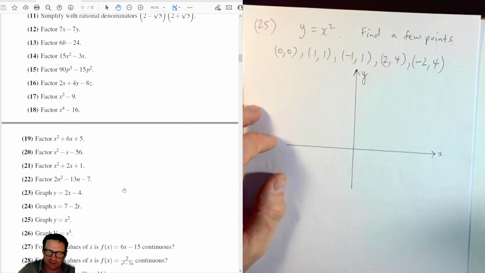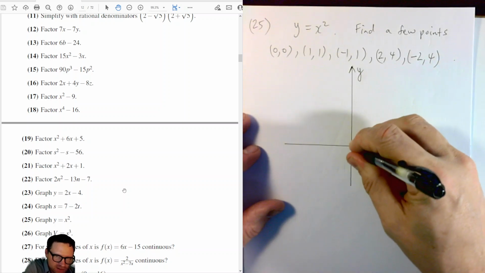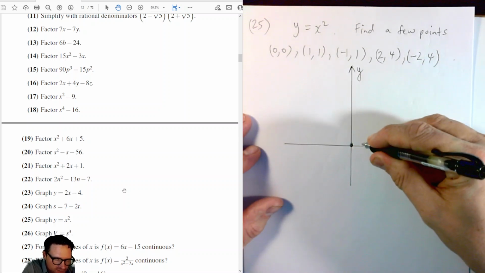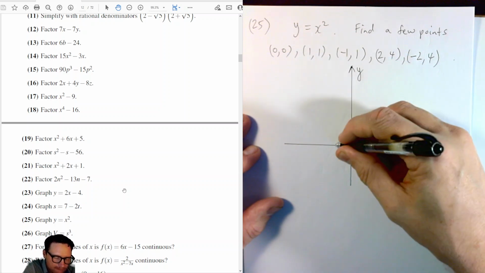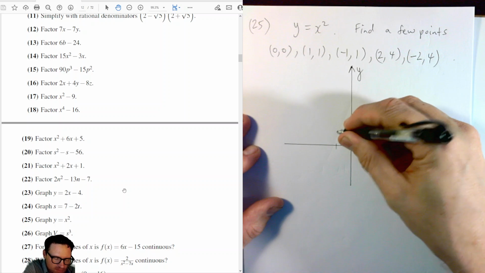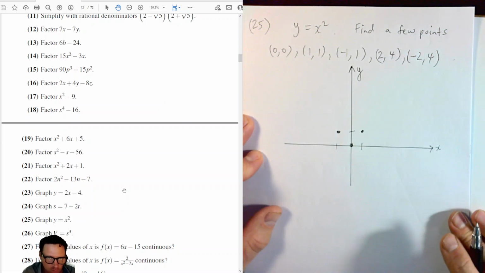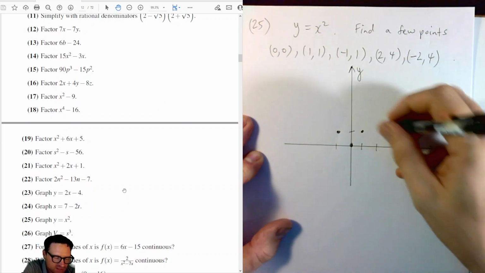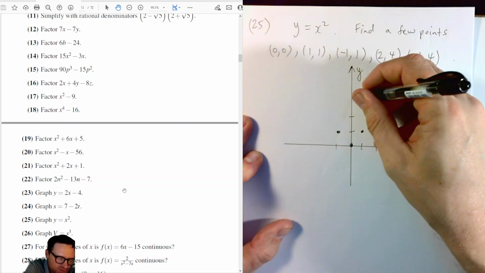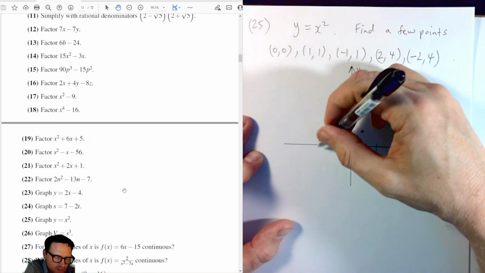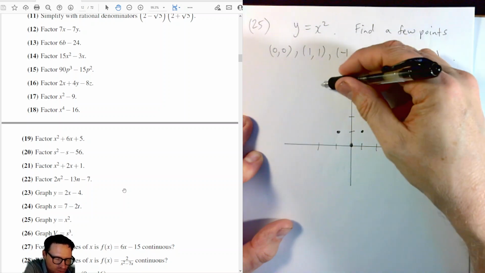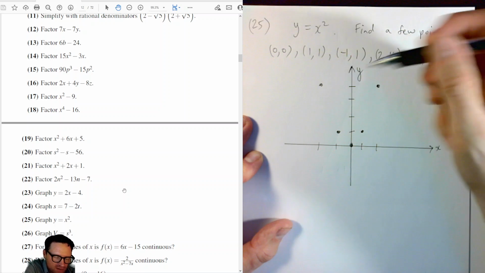Okay, so let's fill in our points. We've got 0, 0 there at the origin. And if this is 1 and this is 1, here is 1, 1. Likewise, minus 1, 1. Okay, when x is 2, we have 4. So 1, 2, 3, 4. Another point there. And on this side, minus 2, 4. That would be somewhere around there.